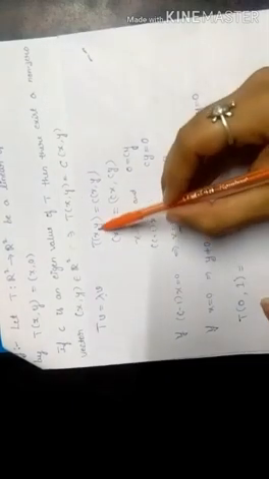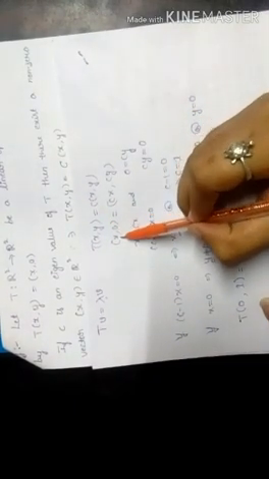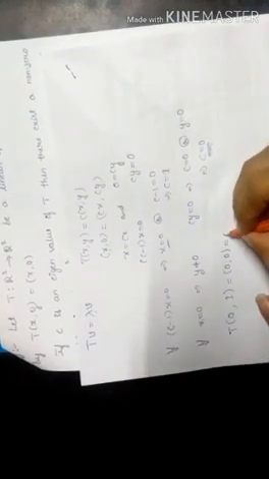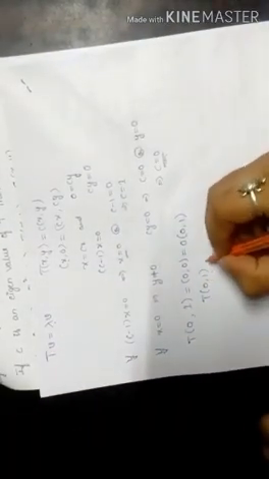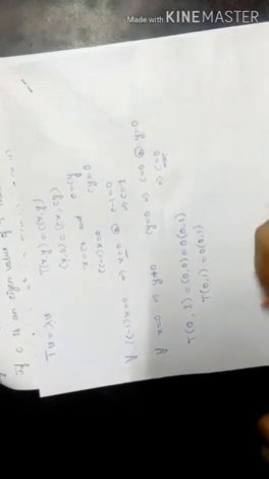Now T of 0 comma 1 is equal to, as T of x comma y is defined as x comma 0, and here the x value is 0, so it becomes 0 comma 0. This can be written as 0 of 0 comma 1. Therefore T of 0 comma 1 is equal to 0 of 0 comma 1.